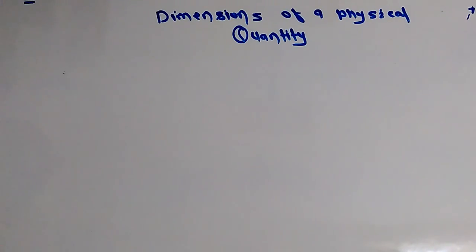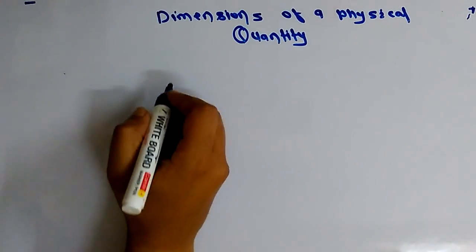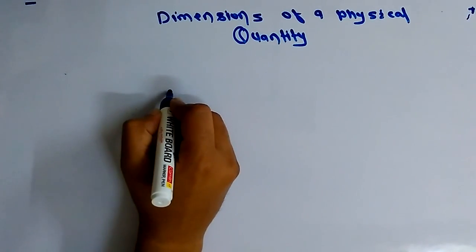This analysis is generally termed as dimension analysis, and from this we came to know which physical quantities are involved, which are directly proportional and which are inversely proportional. We also come to know which quantity is more affected.